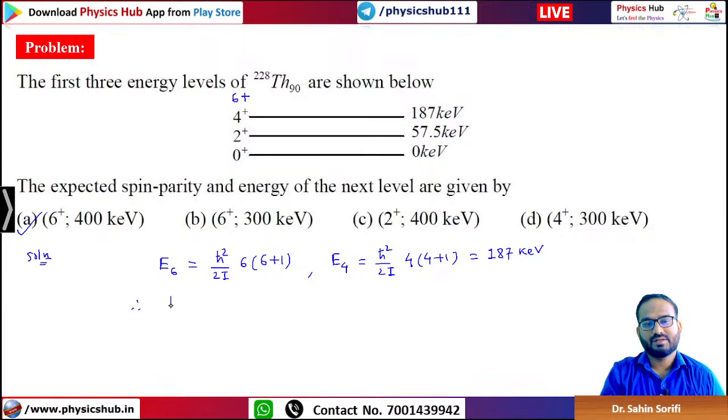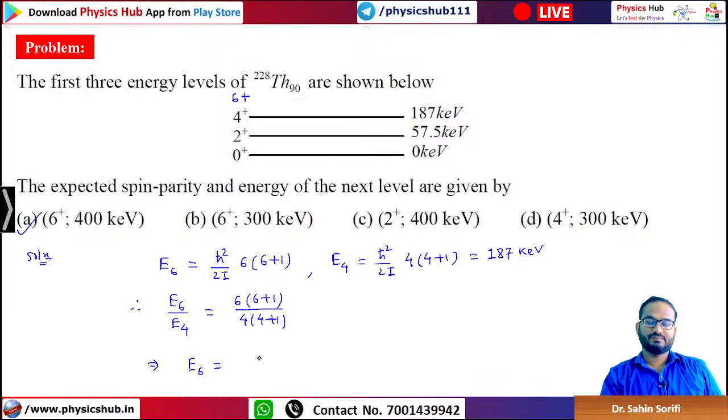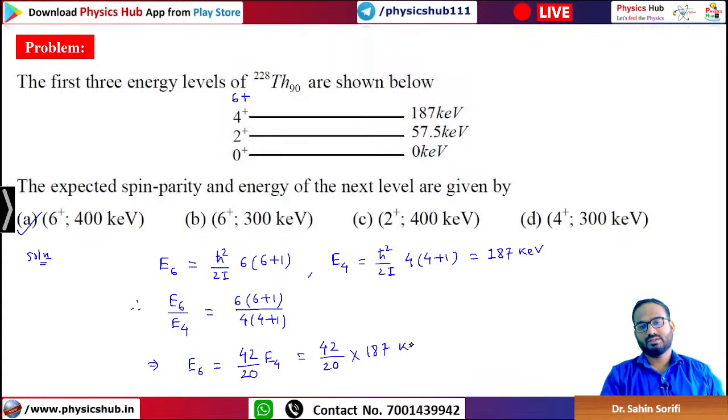So if I take the ratio of E6 and E4, we should get 6 into 6 plus 1 divided by 4 into 4 plus 1. That gives you E6 is equals to 42 by 20 times E4. E4 we already know, 187 keV. So 42 by 20 into 187 keV.